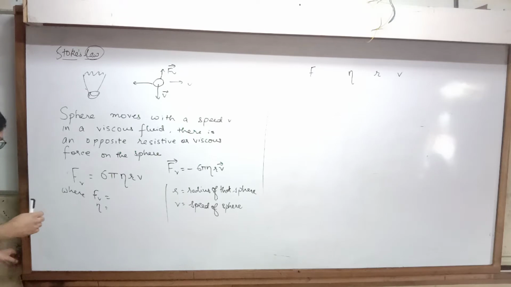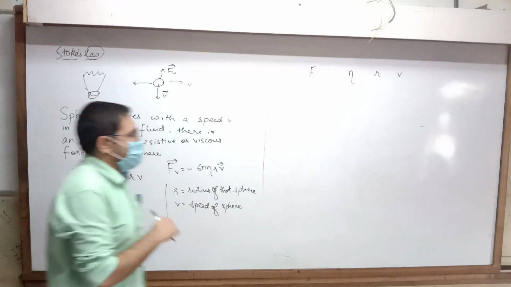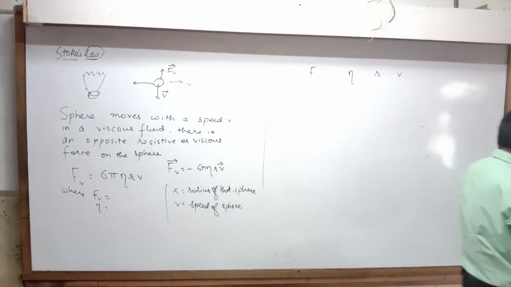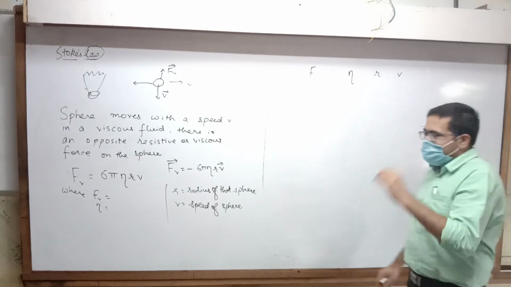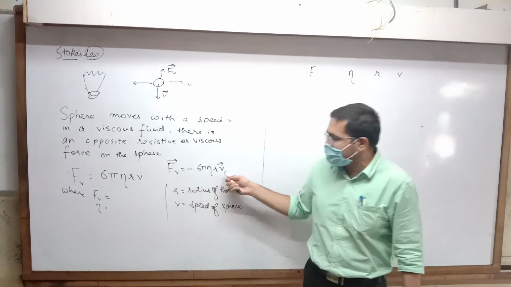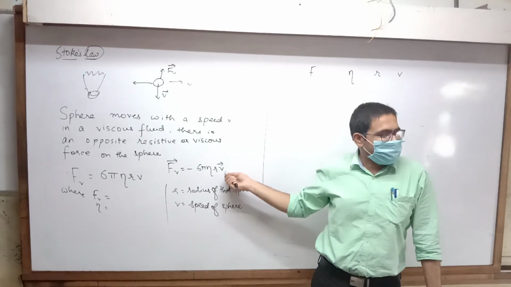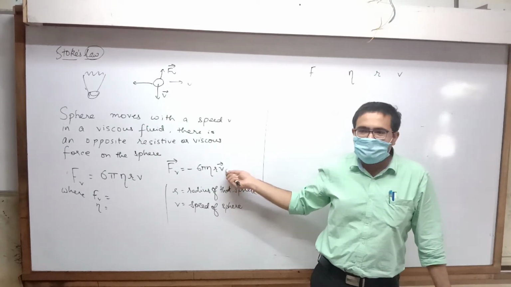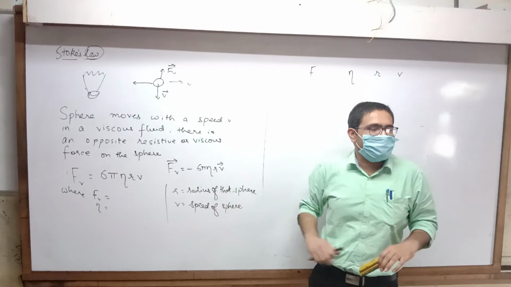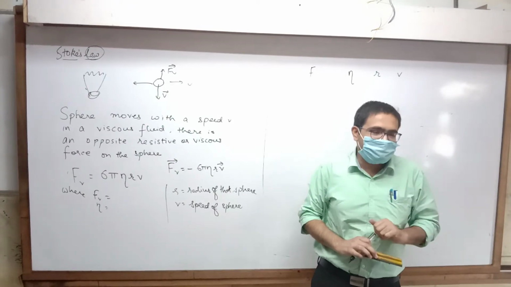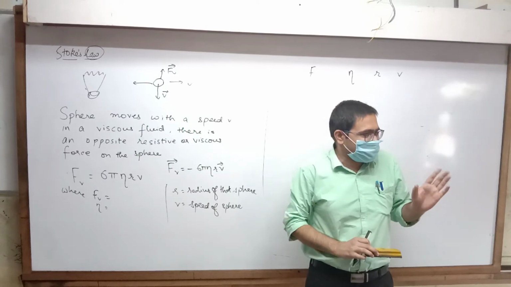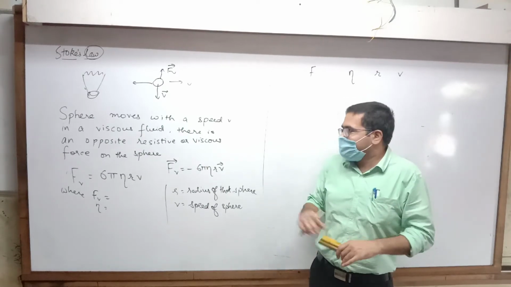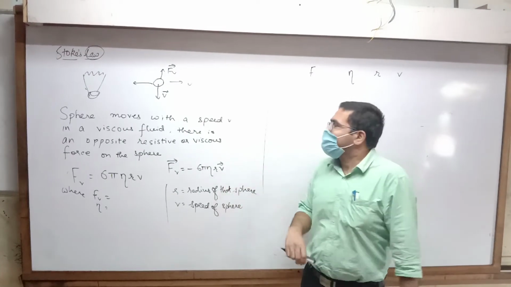That's the thing with resistive force: all kinds of resistive forces are always opposite to velocity. Understood? For example, think of kinetic frictional force, which is also opposite to the relative velocity, if you remember. Same thing here.